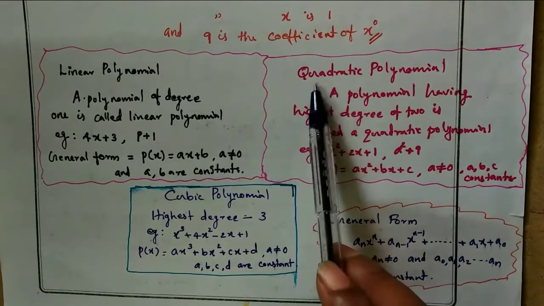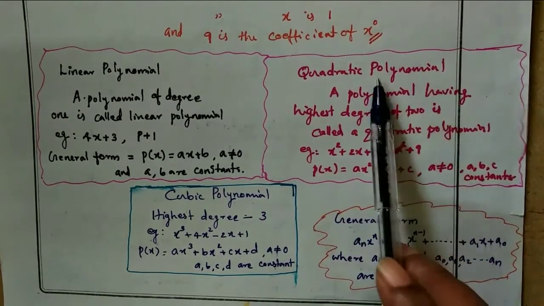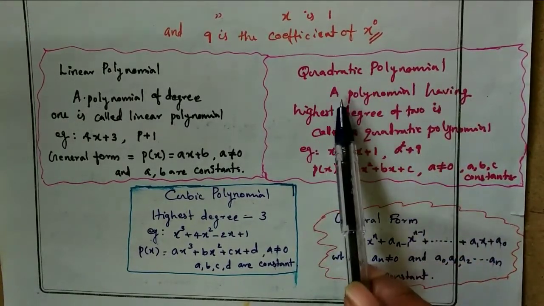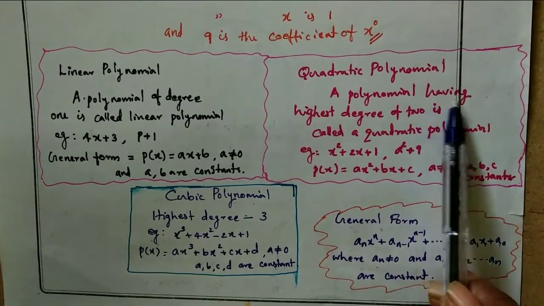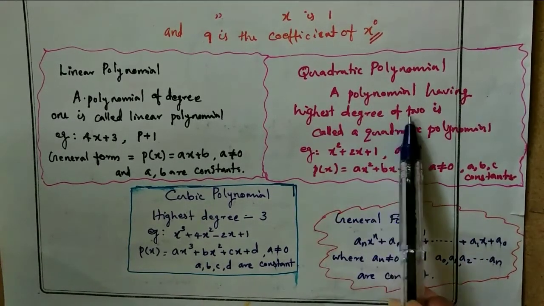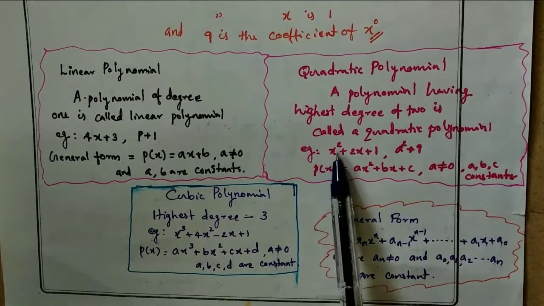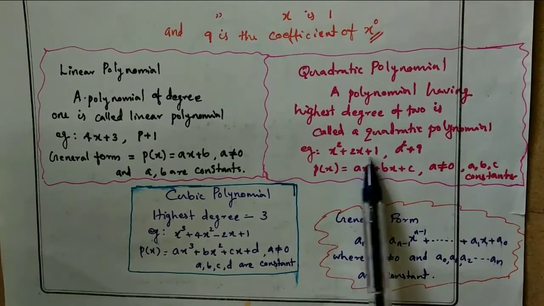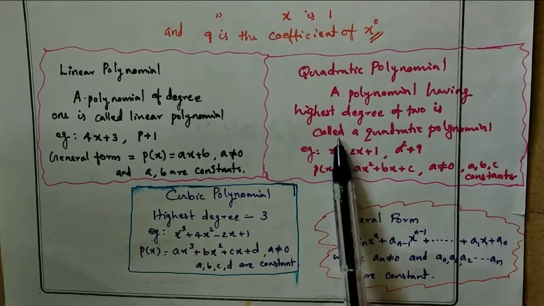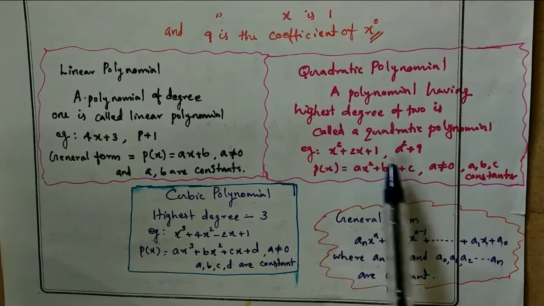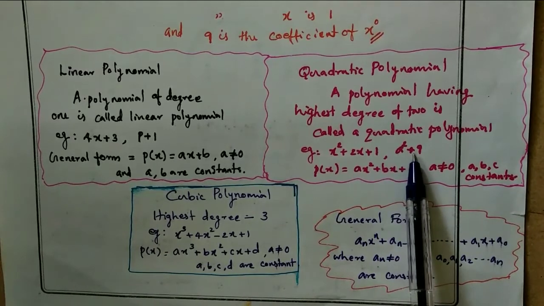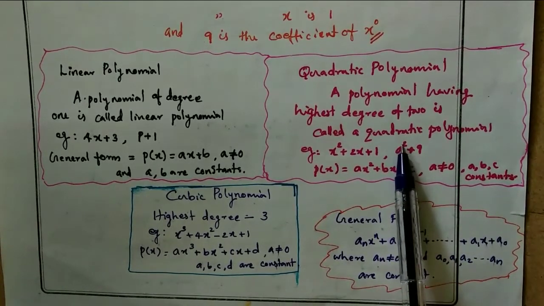Then the second one is quadratic polynomial, or second degree polynomial. Quadratic polynomial means a polynomial having highest degree 2. For example, x square plus 2x plus 1. The highest power is 2. Here is another example, a square plus 9, whose highest power is 2.